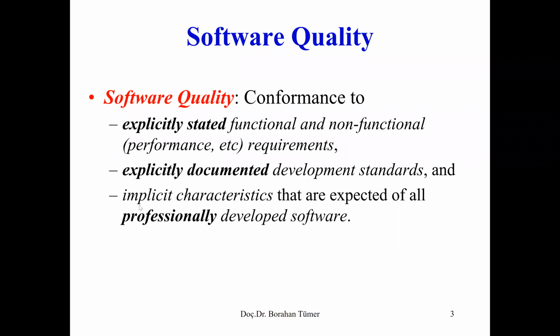And also to the implicit characteristics that are expected of all professionally developed software. So this has 3 points. The first one is that it conforms to explicitly stated functional and non-functional requirements. It conforms to explicitly documented development standards, and it conforms to the implicit characteristics that are expected of all professionally developed software.